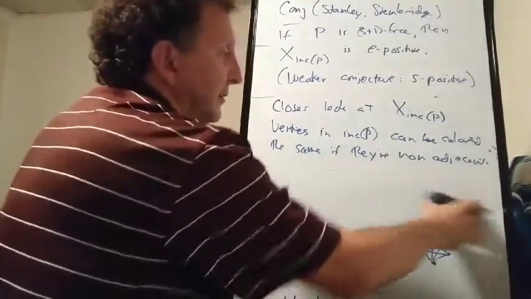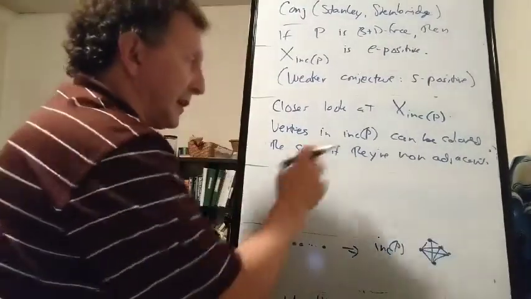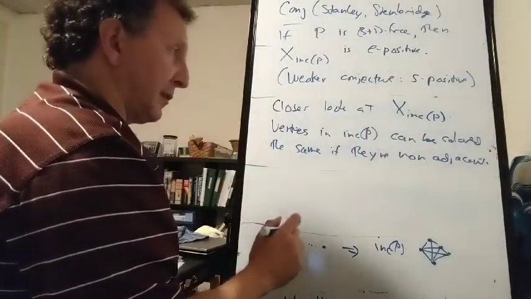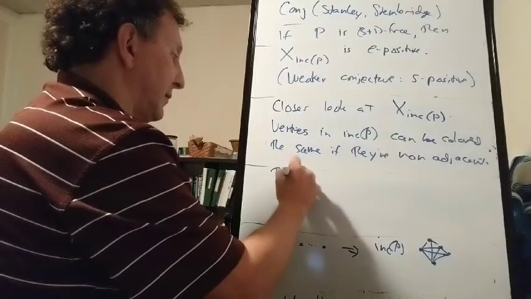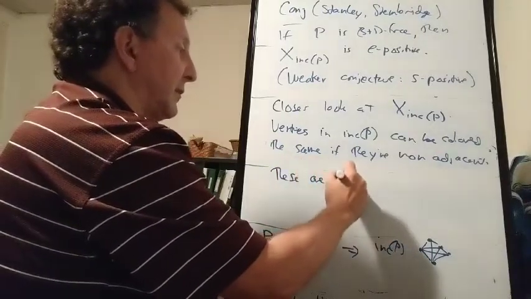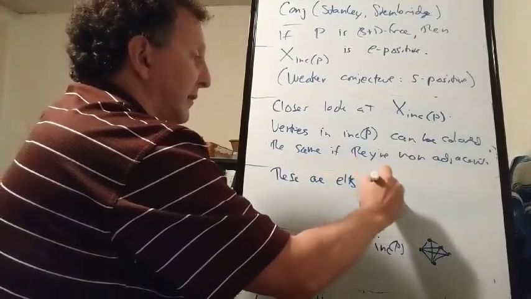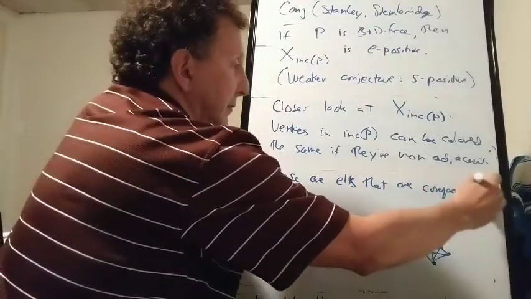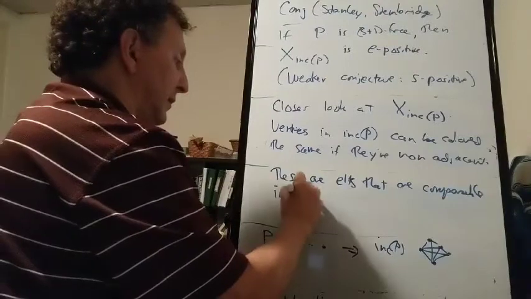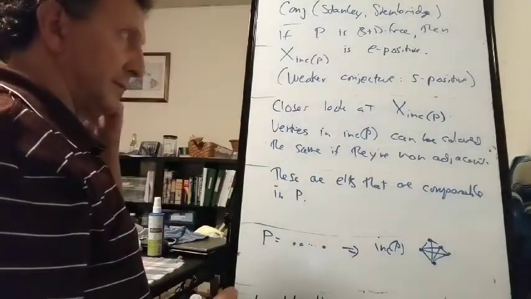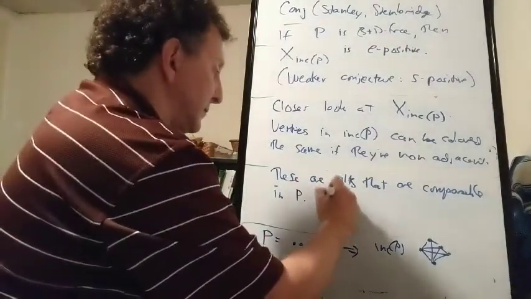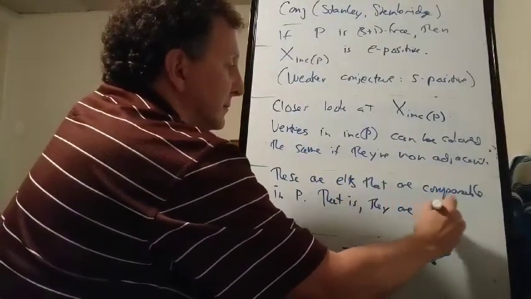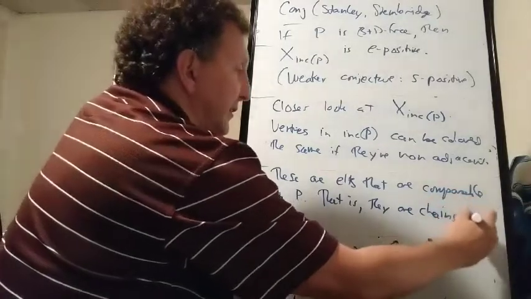The adjacent vertices in the incomparability graph are the ones that are incomparable in the poset. The non-adjacent vertices in the graph are elements that are comparable in P. That is, they're chains in P.